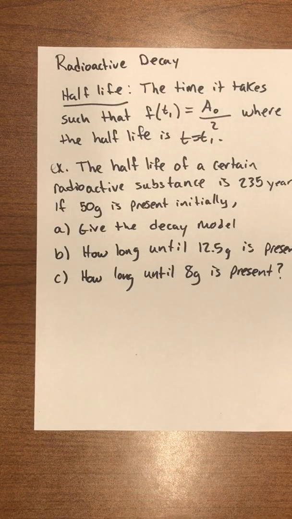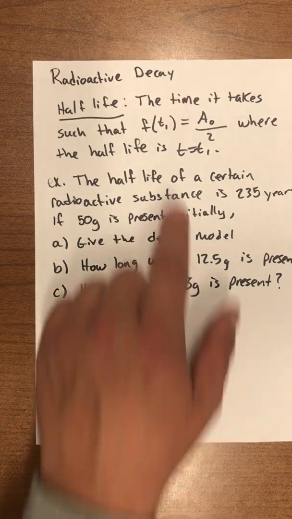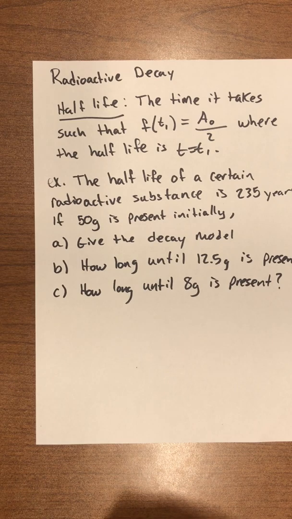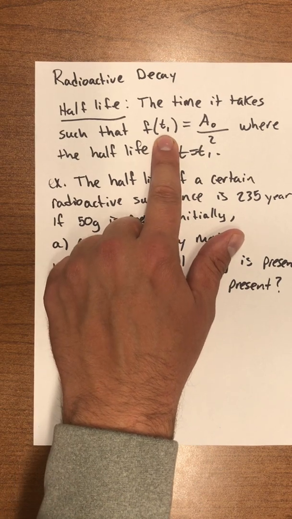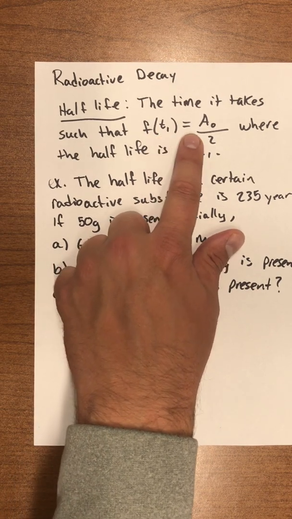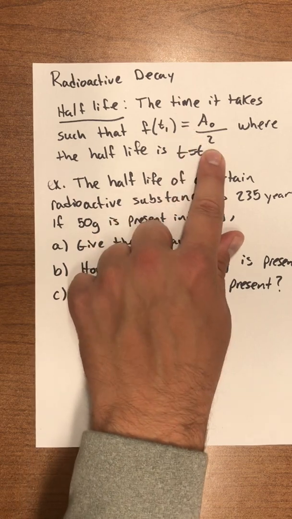Okay, so then an example of exponential decay is radioactive substances, and we just call it radioactive decay. So the half-life, and here's more of a mathematical statement. If we input the half-life t1, so we're going to say some time is known to be the half-life, the output is the initial amount divided by 2.